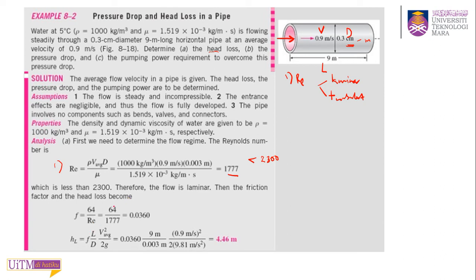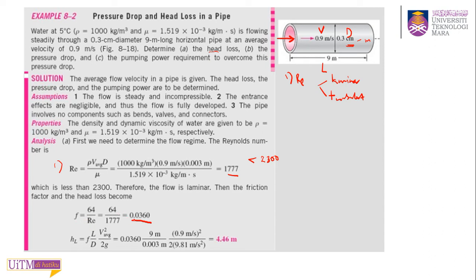So you have 64 over Reynolds number 1777. So you get your friction factor 0.036. So you don't need to use the Moody chart or the Colebrook equation. You just get it from this because it's laminar. You can just use this equation to find your friction factor.